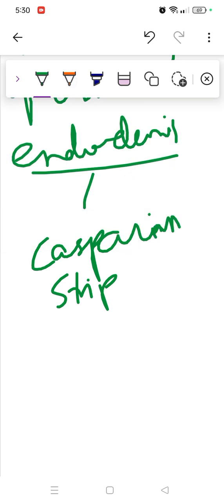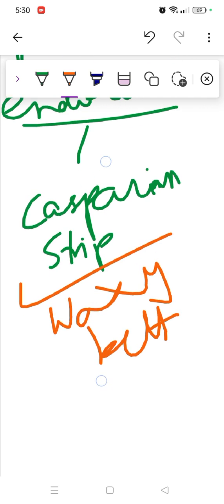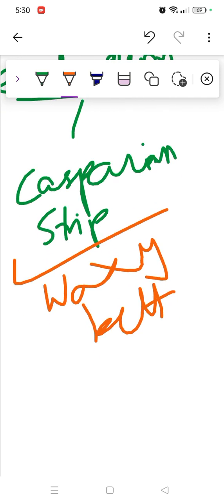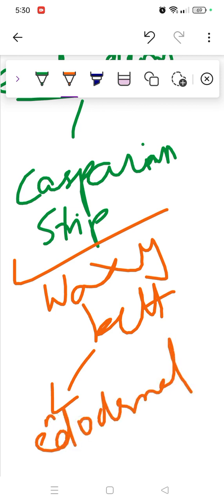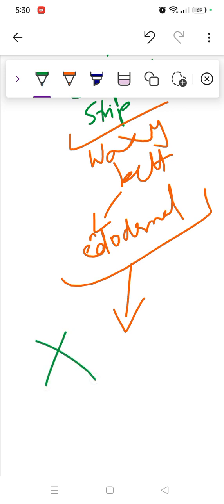The Casparian strip is a kind of waxy belt, a wax-like structure which resists movement and extends toward the walls. So there is a larger surface on the endodermal cells, which helps in increasing the area. But water and minerals cannot pass through the endodermal cells.